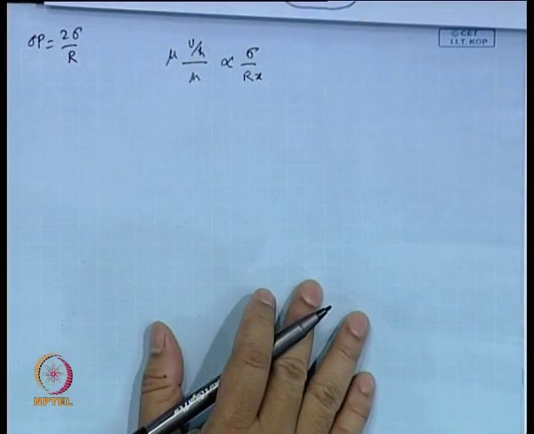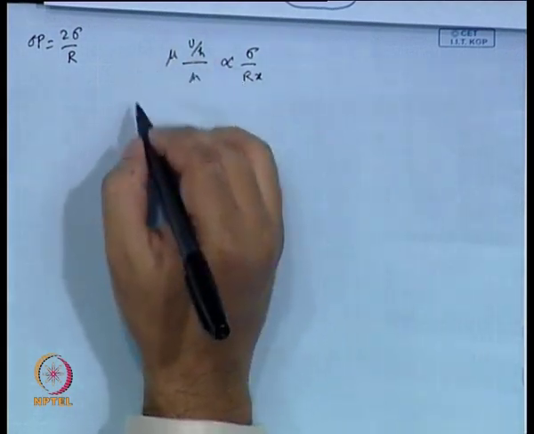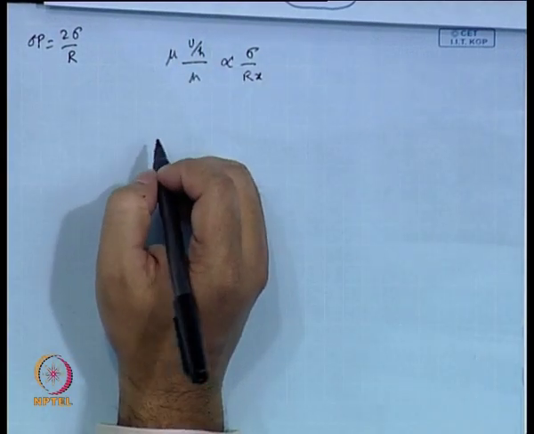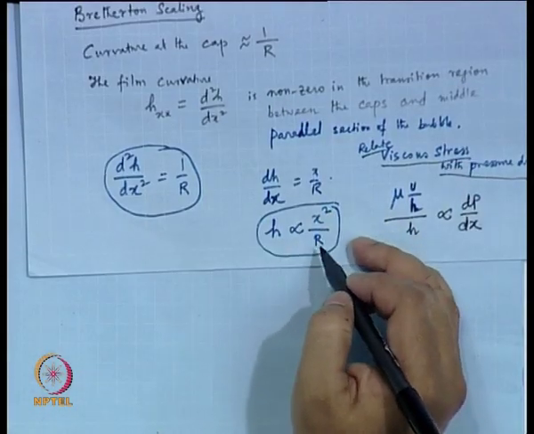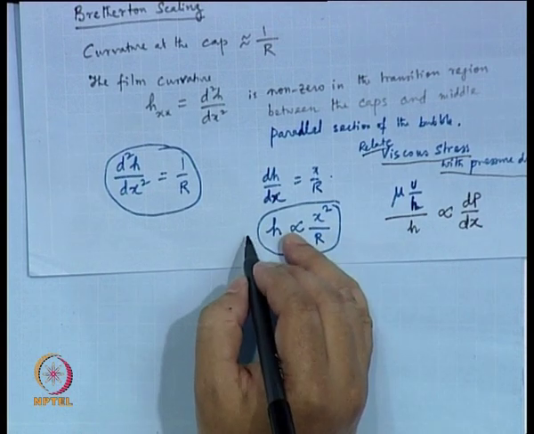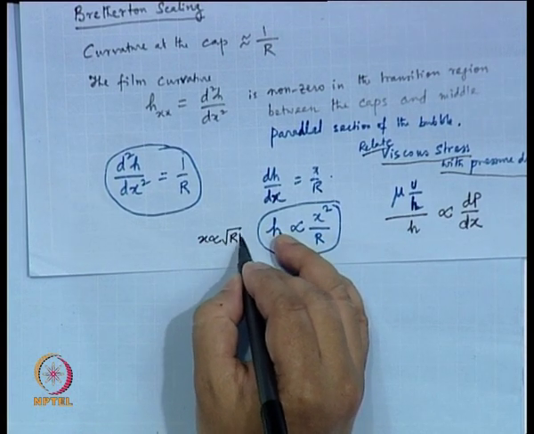On one hand you have this relationship, on the other hand you have said that h is proportional to x square over r, or you can say that x is proportional to square root of r h.